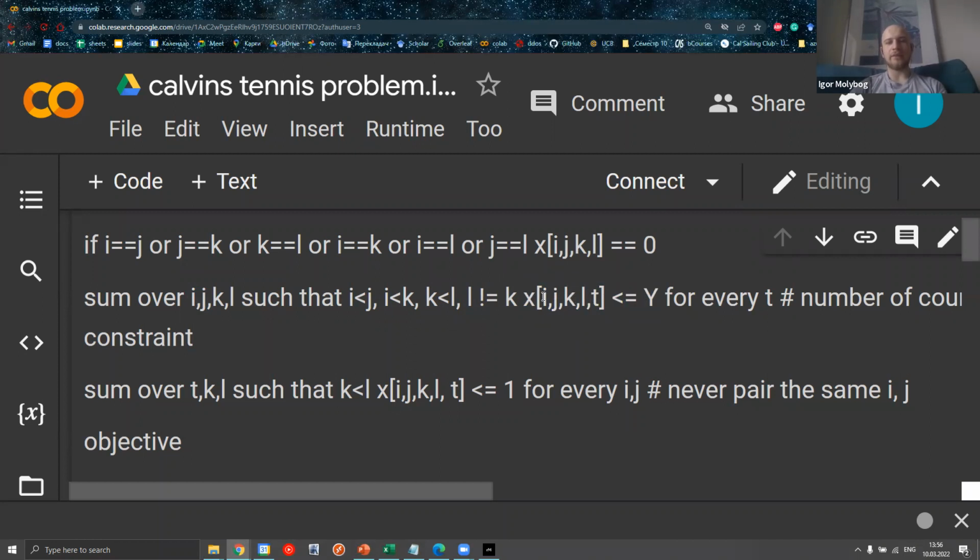Essentially, we're saying that the summation of all of the subsets of players that are playing simultaneously is going to be less than or equal to y, because we just cannot fit more. The number of ones that correspond to the same t must be less than or equal to y. Is everything clear about what I'm talking about right now? Are there any questions so far?